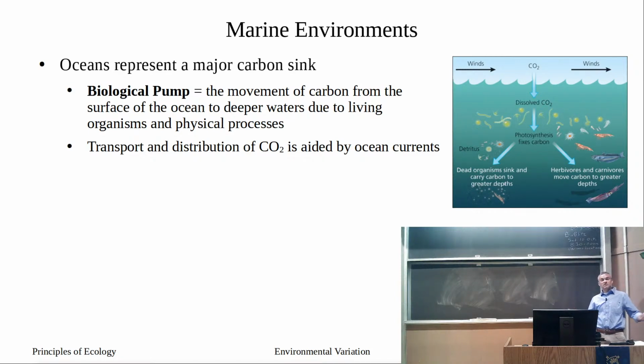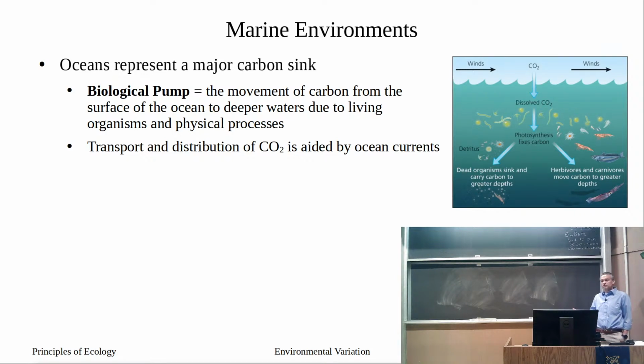And I'll say, the same thing applies to the deep freshwater lakes as well. You're going to have a biological pump there to get the carbon transport down to that area. So what is this? You have your dissolved CO2 in the water, your phytoplankton, other algae is going to take it up, it's going to fix it, it's going to assimilate it, integrate it into sugar molecules and ultimately into organic tissue.